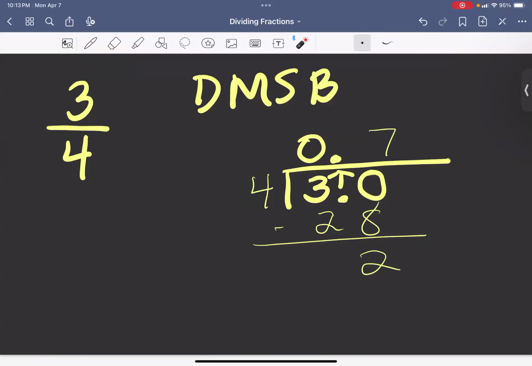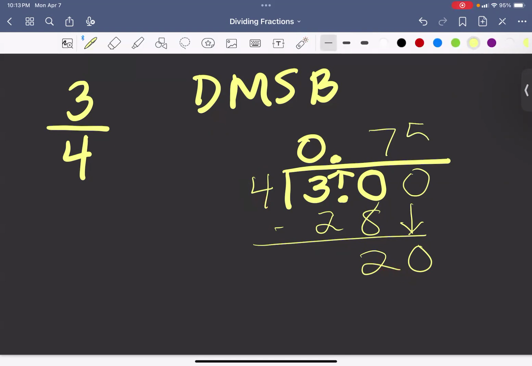I'm going to add a 0 because I want to keep dividing. So I added the 0. Now I'm going to bring the 0 down because I want to keep dividing. And now I'm going to divide again. D. 20 divided by 4 is 5.